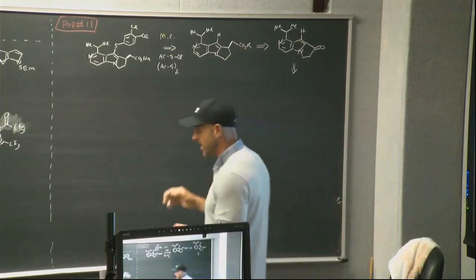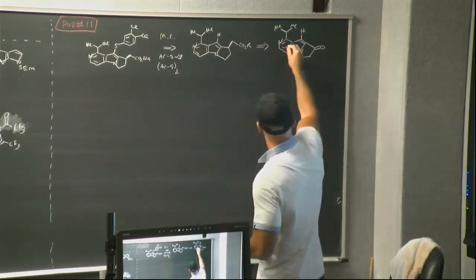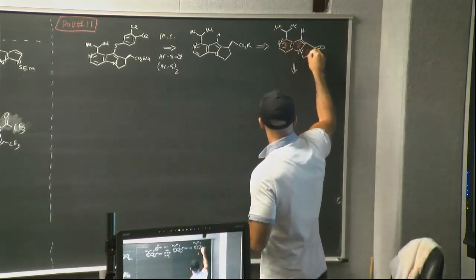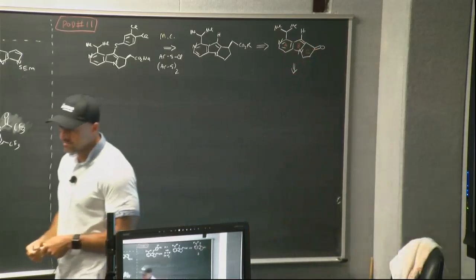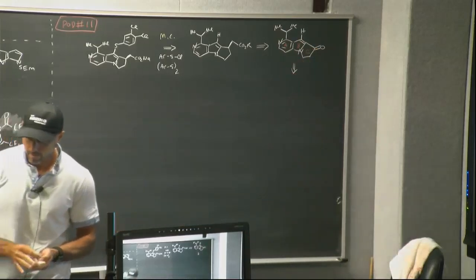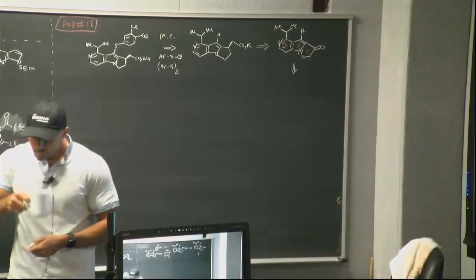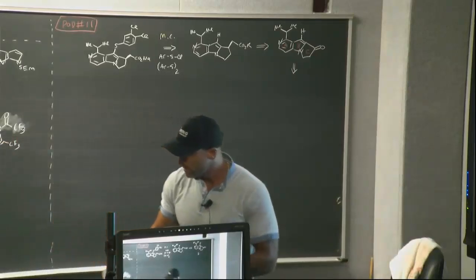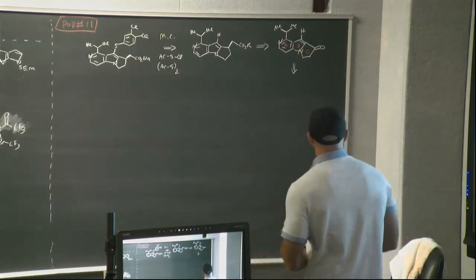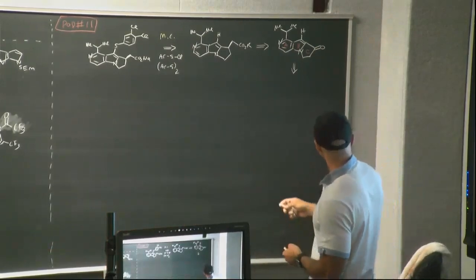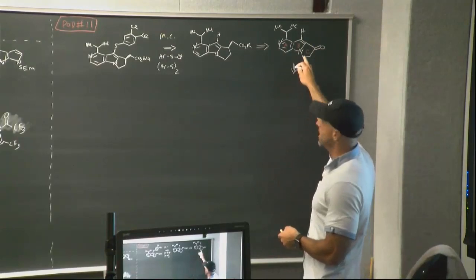Which of the three rings would you like to disconnect to make your life a little bit more simple? Do alkylation of the pyrrole-like nitrogen, and then that takes you back to a Ricer. Alkylation here?